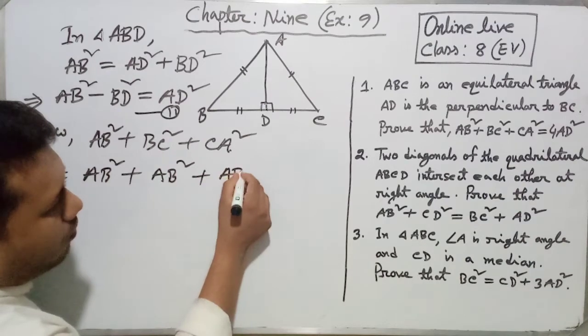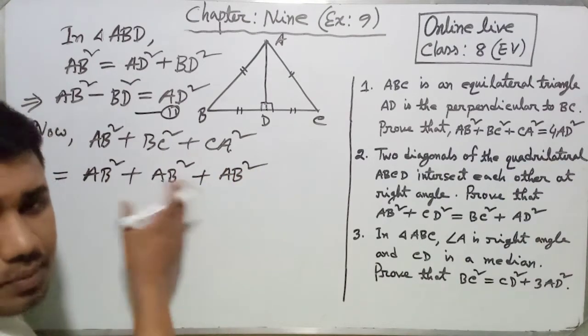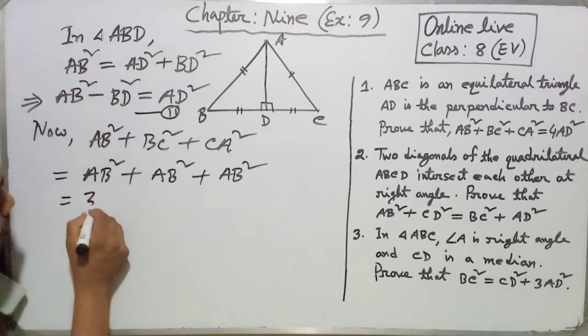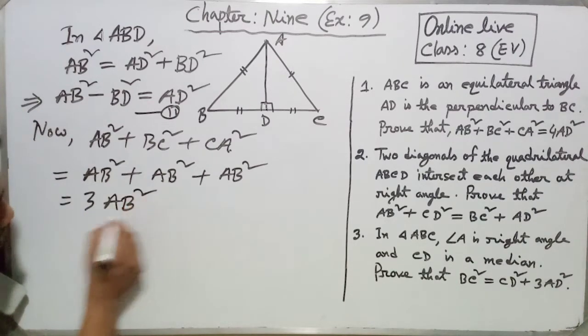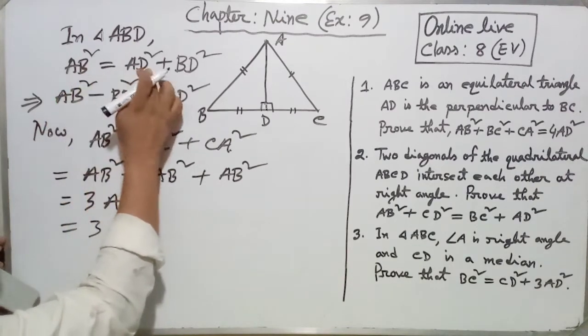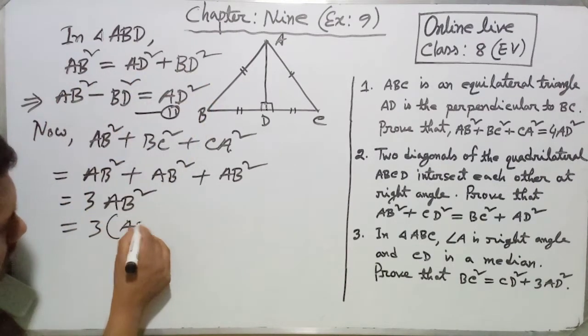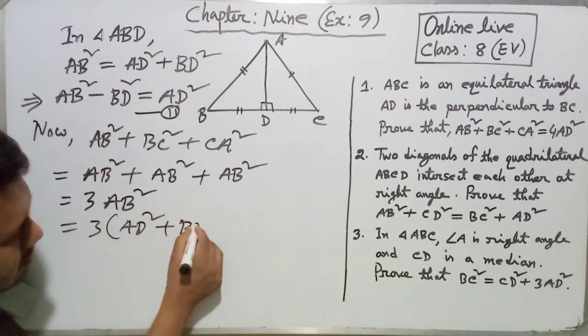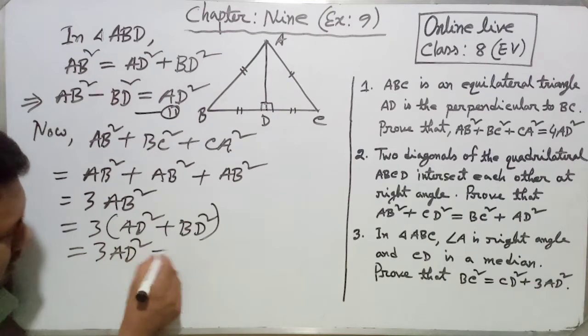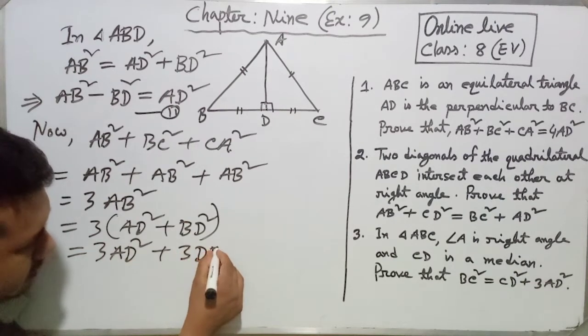This CA square also we can write AB square. Why? Because they are equilateral triangle, so all sides will be equal. So it will be 3AB square. Now dear students, for AB square we can write AD square plus BD square. Now if we multiply, it will be 3AD square plus 3BD square.